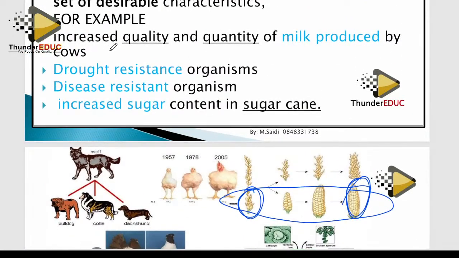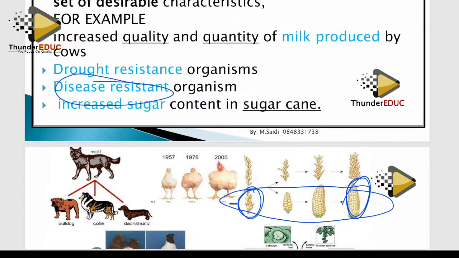Number two, you can also talk about increased resistance, but is that economic? Yes. If it can resist drought, then automatically the person will get more money. If it can resist diseases, then automatically the farmer will not use more pesticide or insecticide.